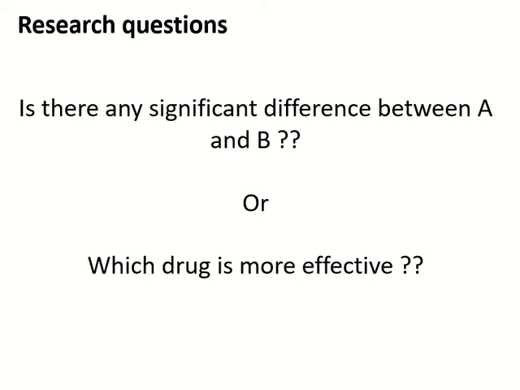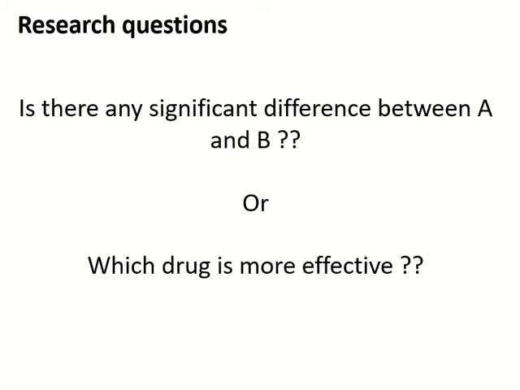That is, do these two drugs have different effects on this virus? Different effect means one drug is more effective and another drug is less effective, or both drugs are effective but compared to one another, one drug is more effective than the other. Or, which drug is more effective.